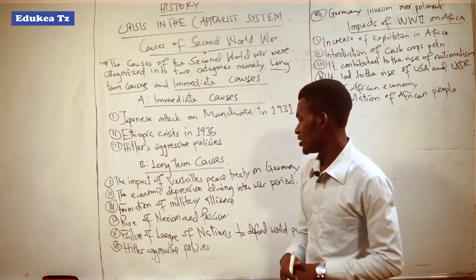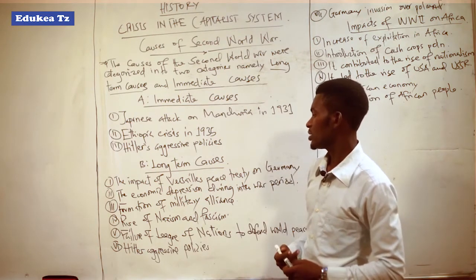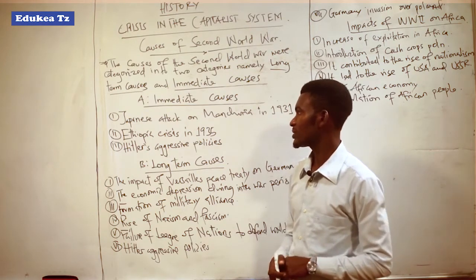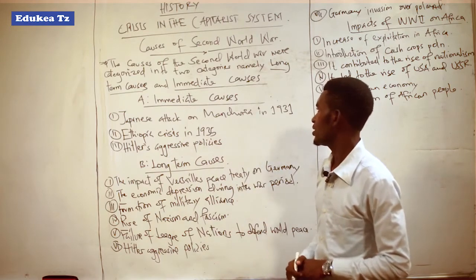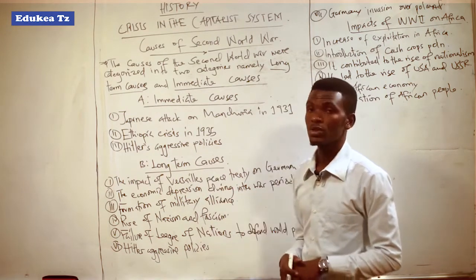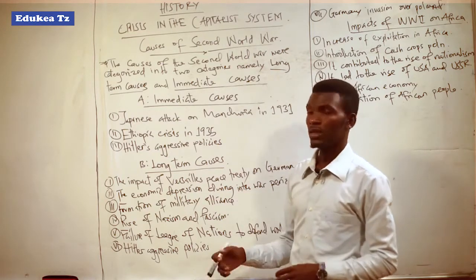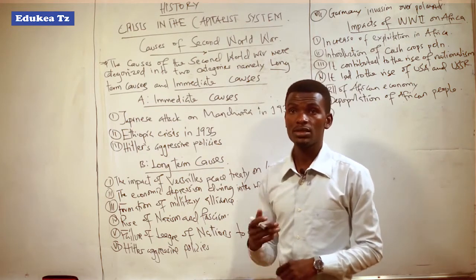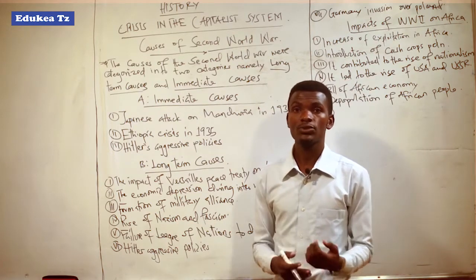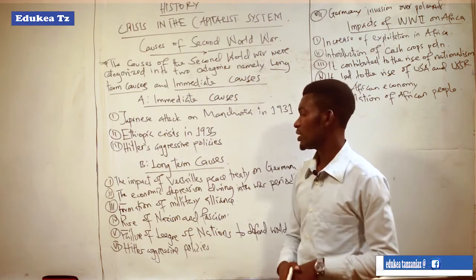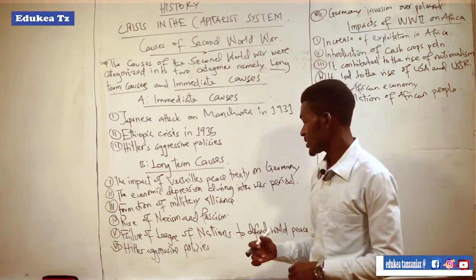And the League of Nations failed to maintain world peace, and remained a toothless dog, as Japan attacked China in Manchuria in 1931, Italy invaded Ethiopia in 1935, and Germany invaded Poland and Czechoslovakia, but the League of Nations was silent and no action was taken against the dictators. So that led to the occurrence of the Second World War.